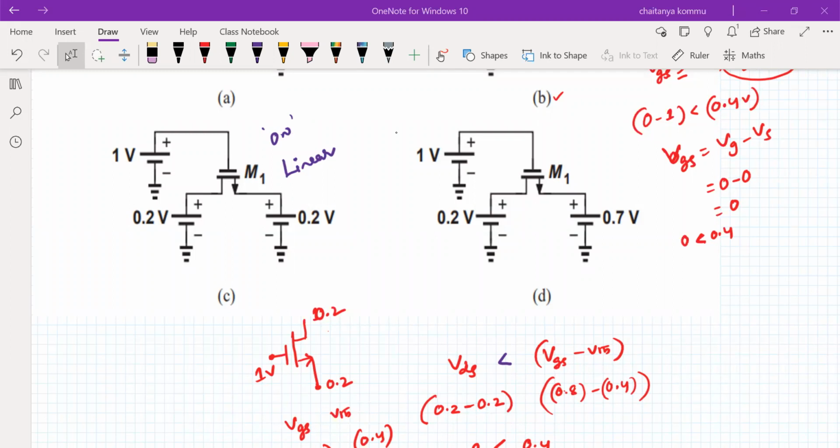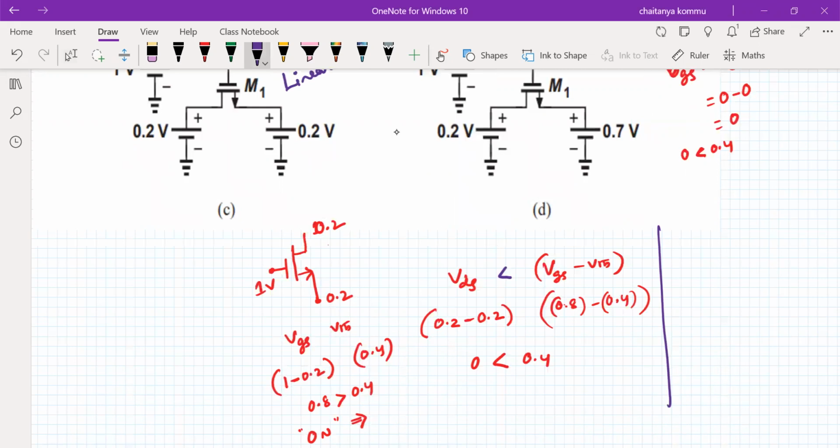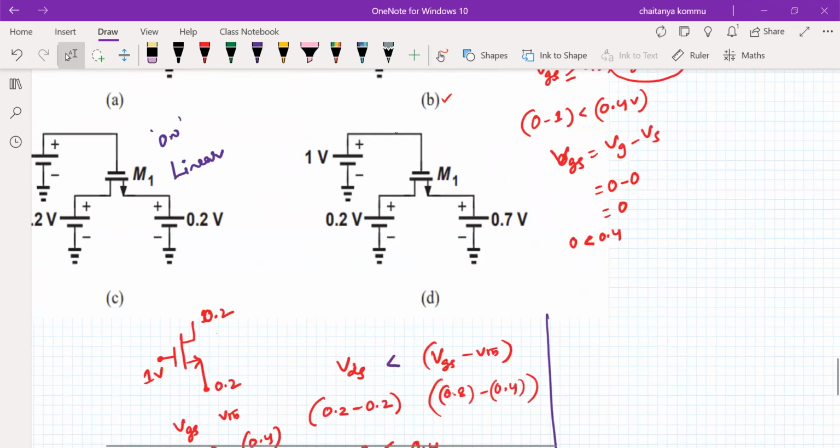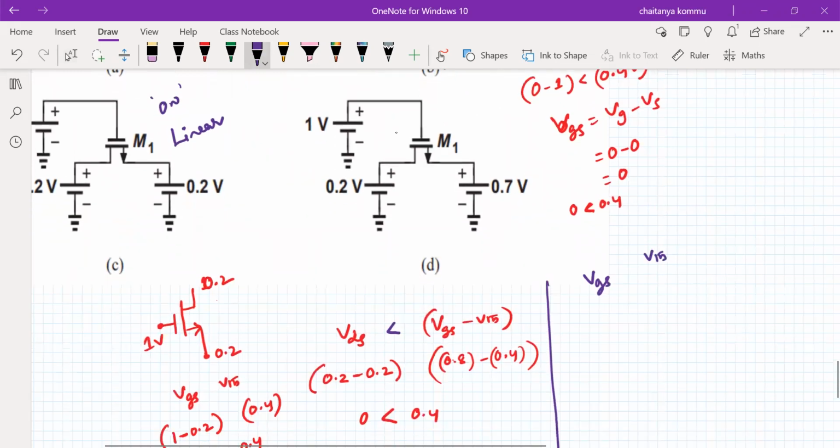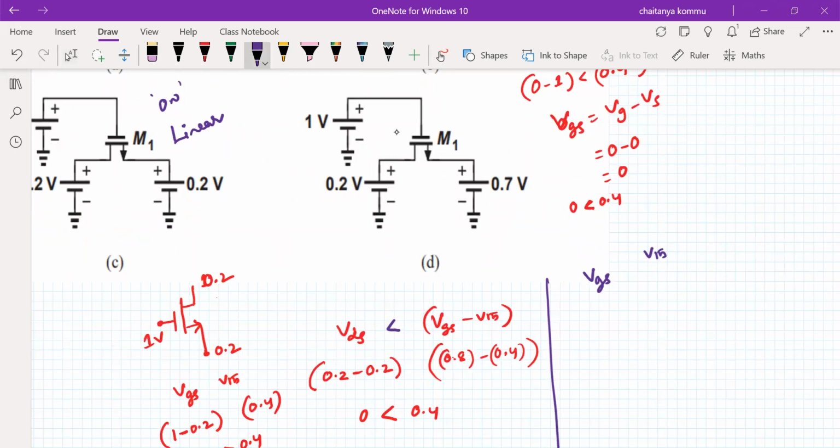See, here is what is happening. First we have to check VGS and compare it with VTH. What is the threshold voltage of the NMOS transistor? 0.4, I have given already. What is the potential difference between the gate and source? Gate is at 1 volt, source is at 0.7.